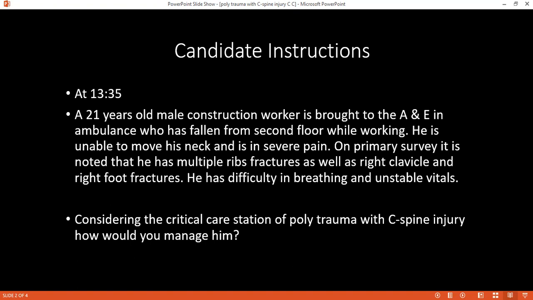As soon as the patient's hemodynamic status is stable, then I will go for checking the ribs, which ribs are fractured. And in case of multiple rib fractures, I will exclude if any kind of flail segment is present or not. And clavicle fracture is also managed after all that.